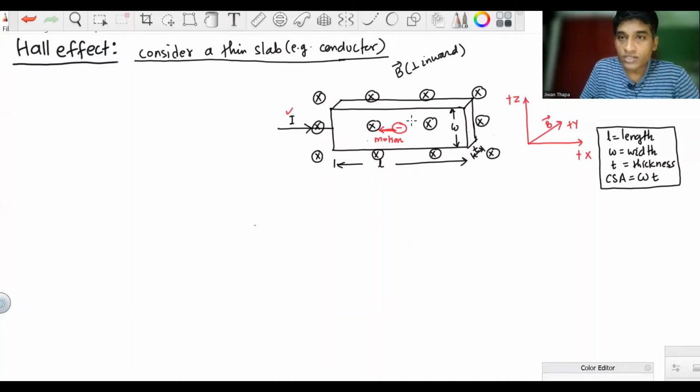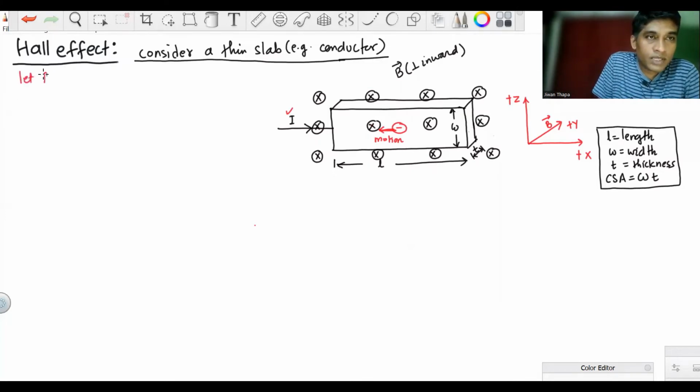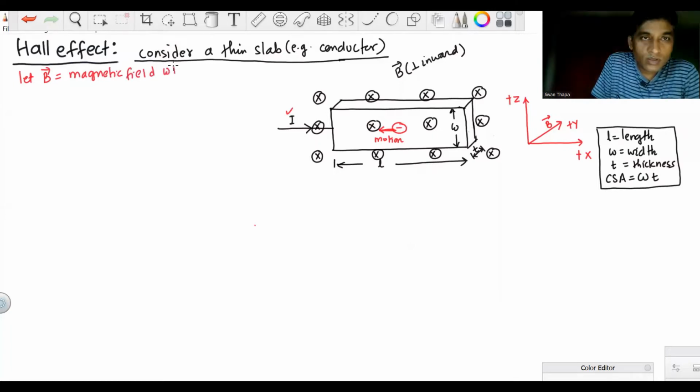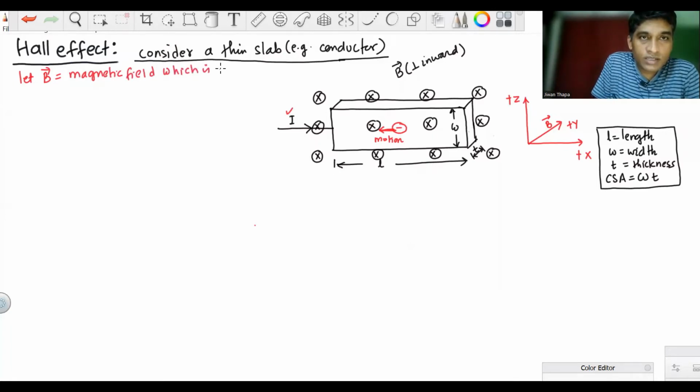So we need to note this, okay? So I'm writing, let B, this is magnetic field which is perpendicular and directed inward.